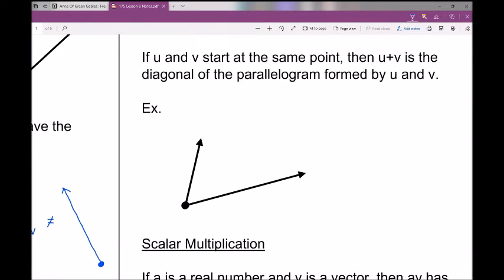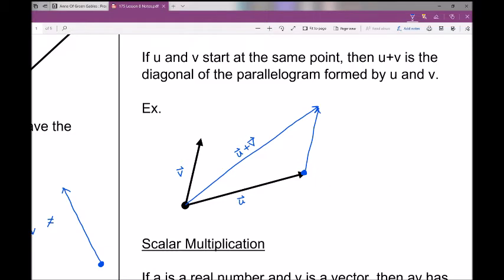So again, vector u will be this vector along the bottom, and vector v will be that vector on the side. Now you can kind of turn this into the previous example if you were to rewrite vector v over here, right? So we could rewrite vector v over here, and again, you could find the resultant vector simply by completing that triangle. So that would be u plus v, okay?